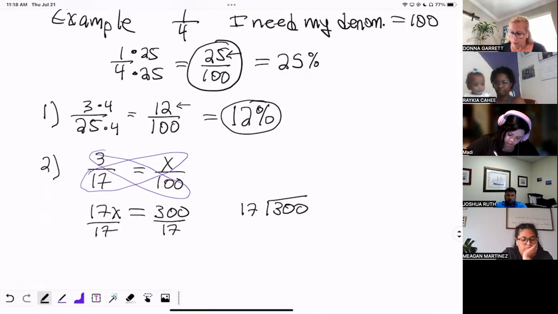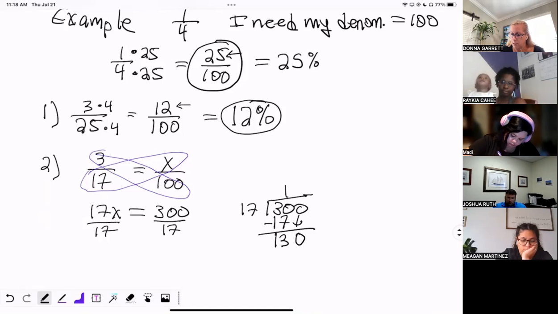Okay, so there is 17 in 30, and I have 13 left over. Bring down the 0. How many 17s are in 130? Let's see. 17 times 6 is 102.